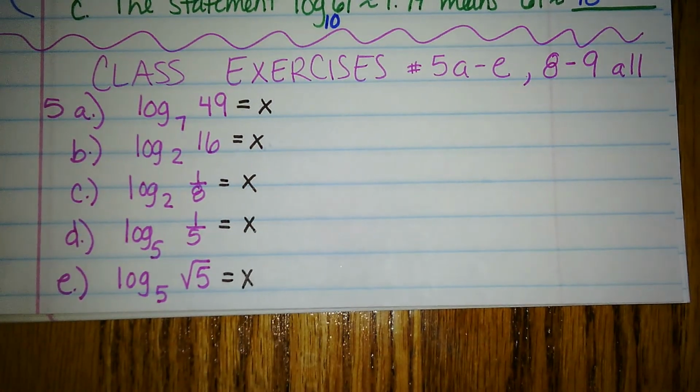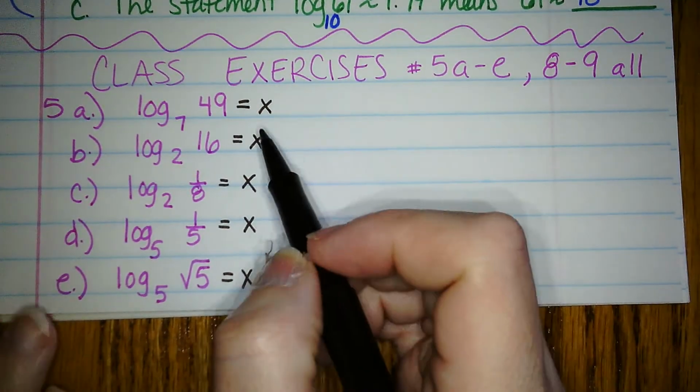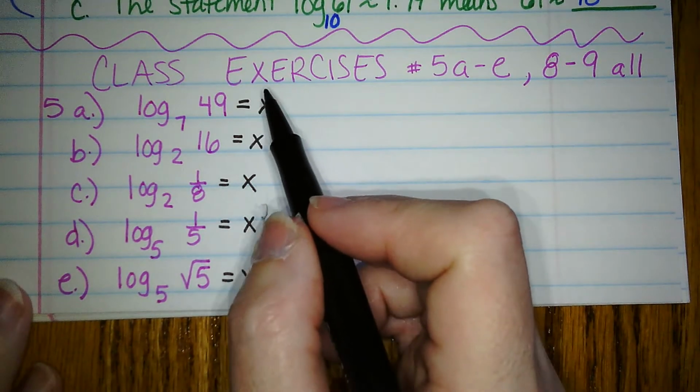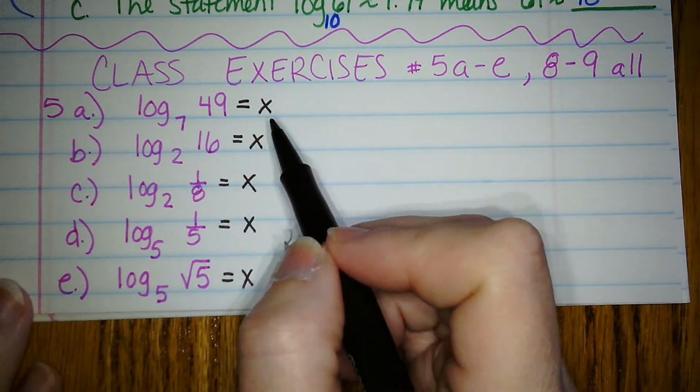We're finding the log. And Miss Meek eloquently explained last lesson that the log is the exponent. That's what it is. And if you notice, the equal to position is the exponent position.